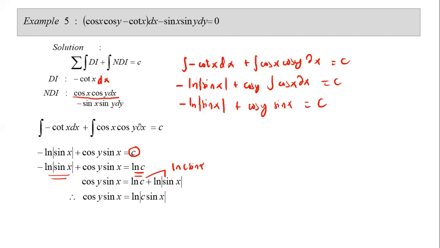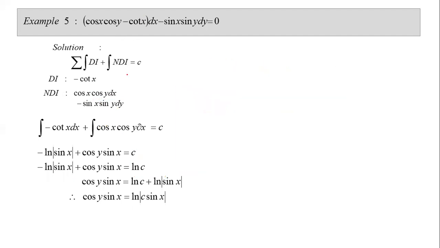Now, if you want to use this, let's see what will happen. So you have the integral of the direct integrable, negative cotangent of x dx, and then we will be using this one. So that's minus, because of this minus, the integral of sine x sine y dy equals c.